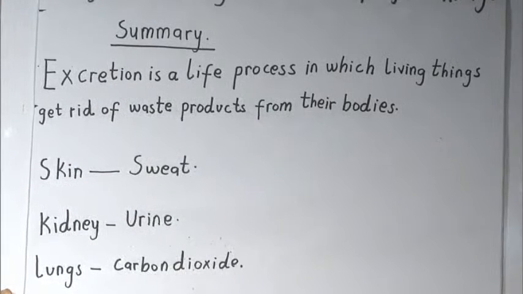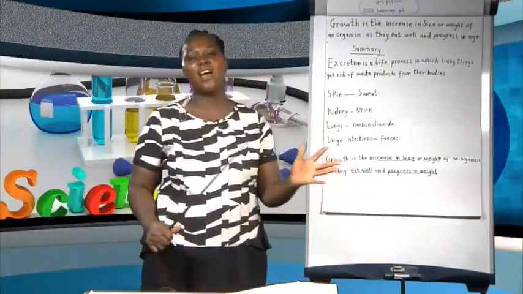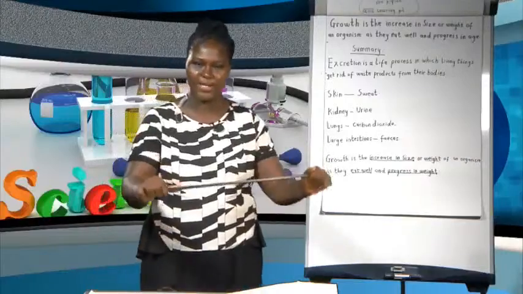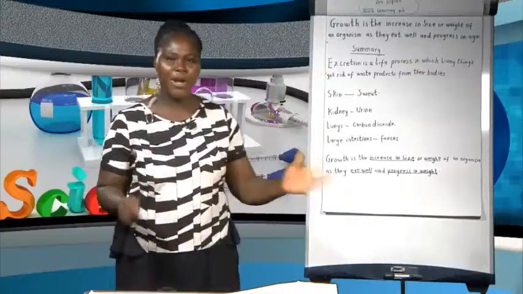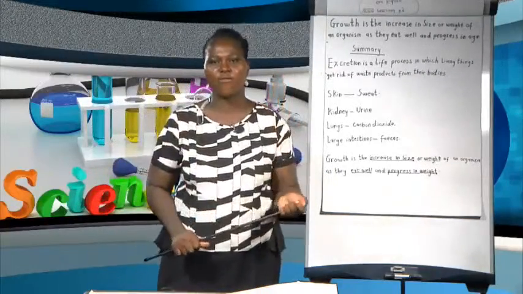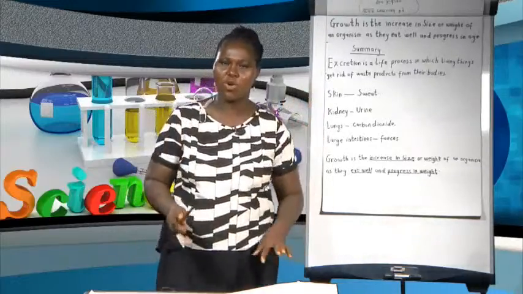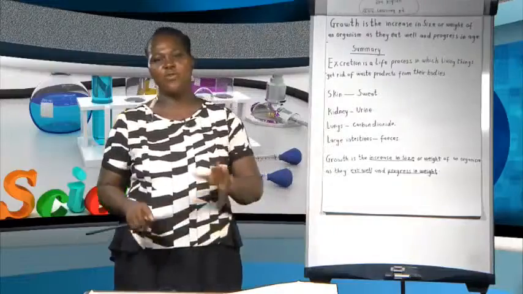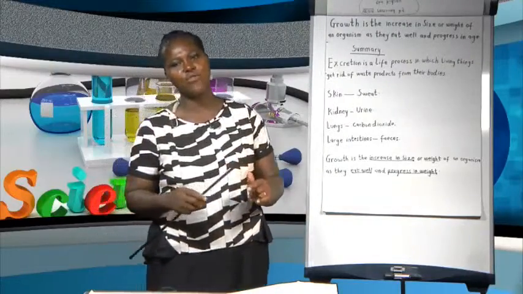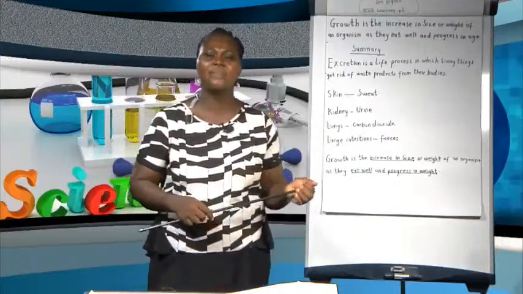When the waste stays in our bodies, it causes harm to our body. So when you sweat, wipe it or you bathe. When you feel like easing yourself, go immediately. You shouldn't sit for a long time because it will cause harm to your body. If you stay there for a long time, you feel stomach pains, you become sick.